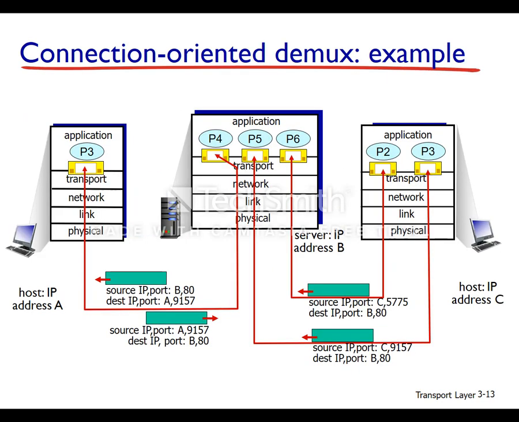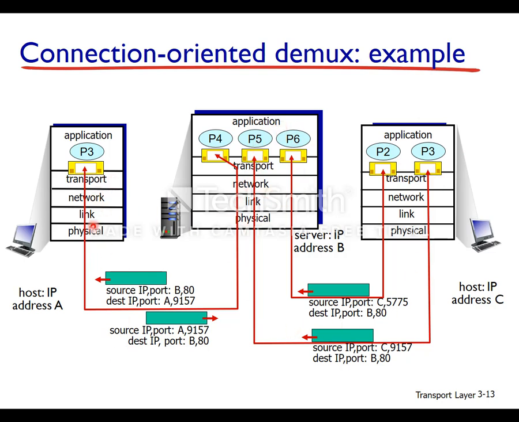So let's look at this figure. Let's say P3 on this host is talking to P4 on the server, and then we have two processes on host C, P2 and P3, that are talking to P5 and P6.